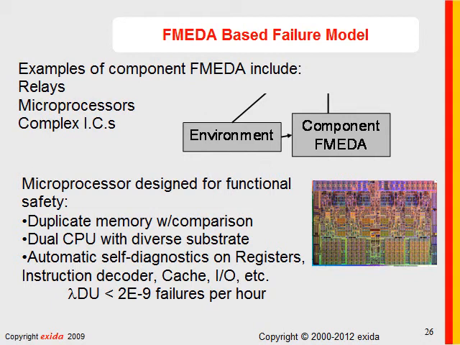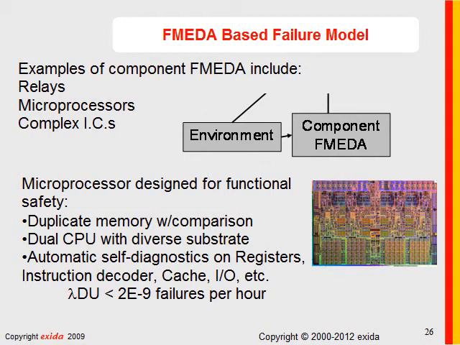They have dual CPUs with diverse substrates, automatic self-diagnostics in hardware based for the registers, instruction decoders, cache, I/O chips, and so forth. Some of these are so thoroughly and carefully designed that the dangerous undetected failure rate of the microprocessor has gotten down in the range of 2 times 10 to the minus 9 failures per hour.